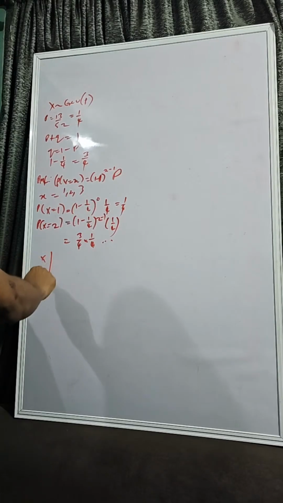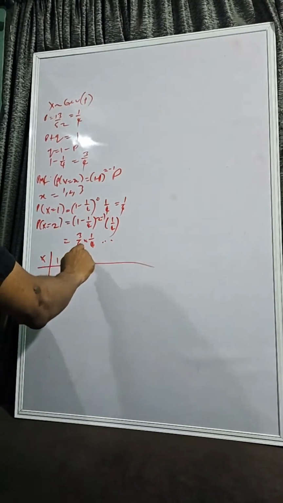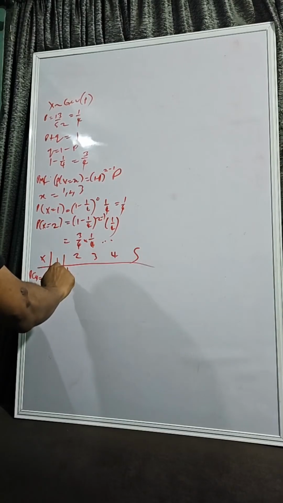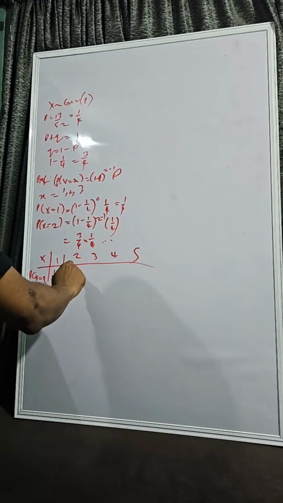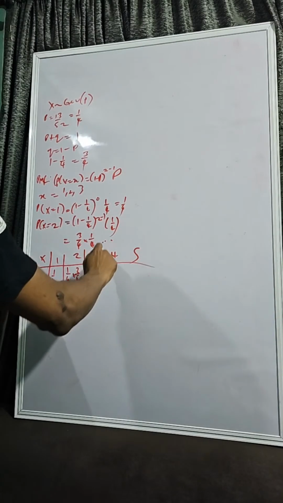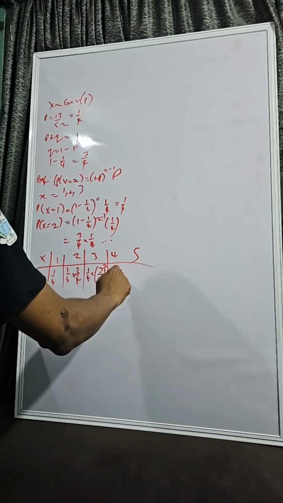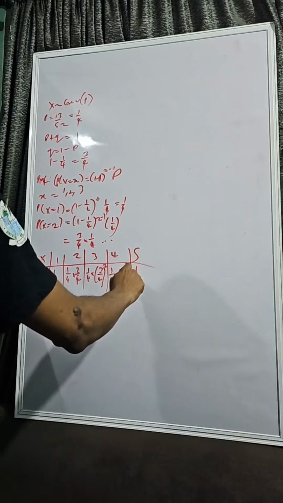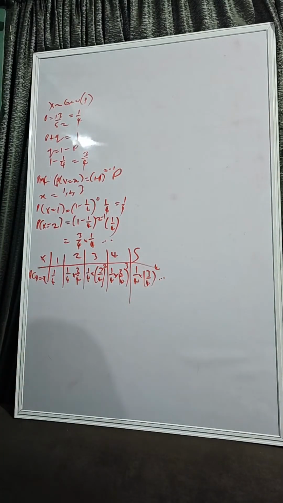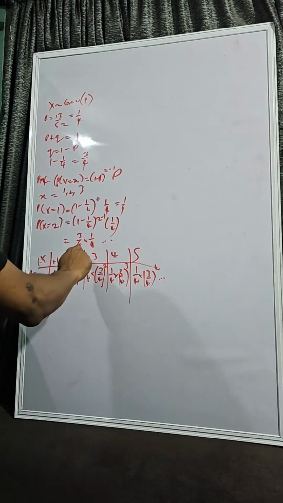If you want to work with the first 5: 1, 2, 3, 4, 5. First one is 1 over 4. Next one is 1 over 4 times 3 over 4. Next is 1 over 4 times 3 over 4 squared. Next is 1 over 4 times 3 over 4 cubed. Next is 1 over 4 times 3 over 4 raised to 4, and so on. So our G of t, don't forget, t will come here, then t raised to this, and so on.